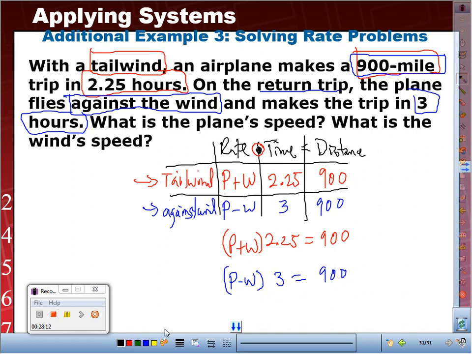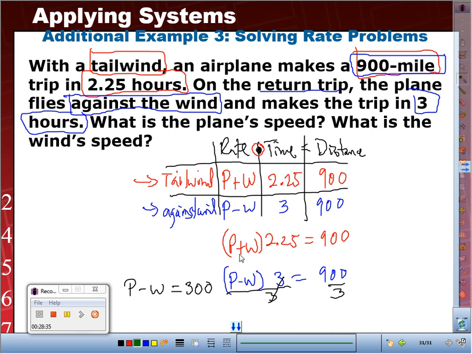That looks familiar, and we can start solving, but we have parentheses, don't we? So I'm going to solve this bottom one so I can get rid of the parentheses. If the 3 is multiplying, I'm going to divide by 3, and we're left with P minus W equals, what is 900 divided by 3? 300. Okay, got that?